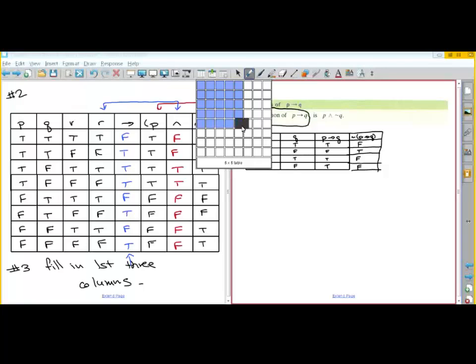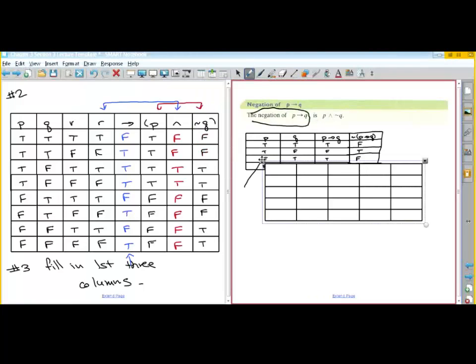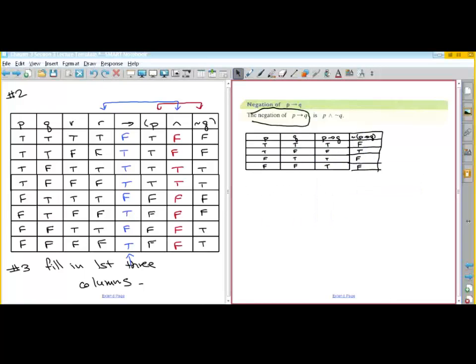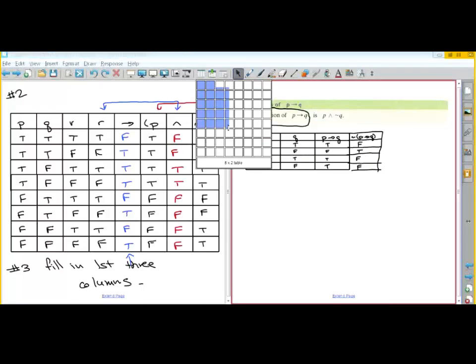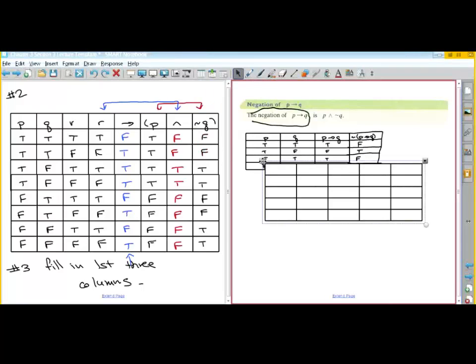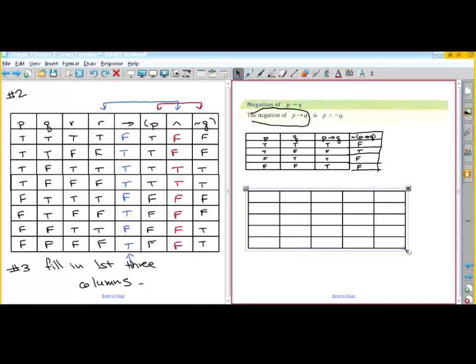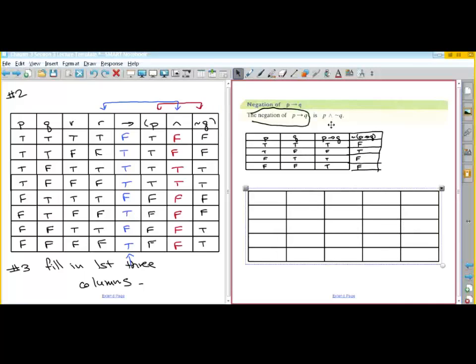I need 5 columns because I have P and Q. Let me undo that. So 5 by 5. Grab that, move it down. I'm going to do the truth table for this. I'm going to have P, Q, and my logic statement.